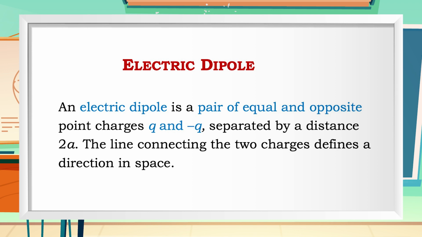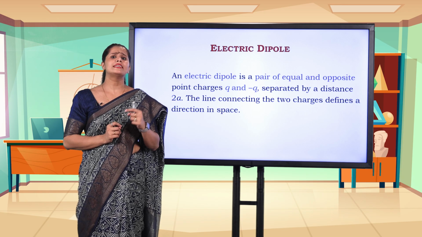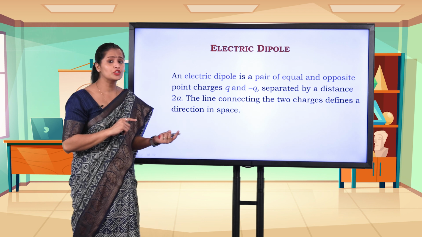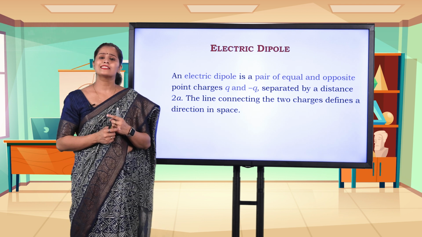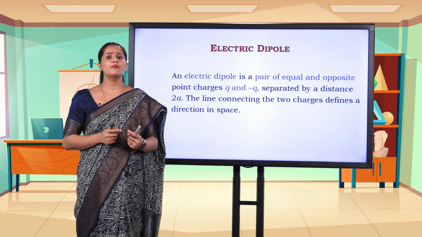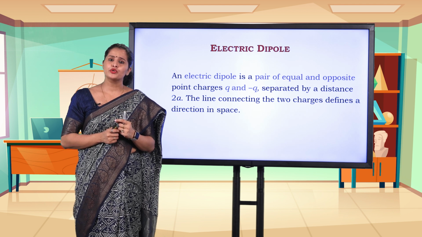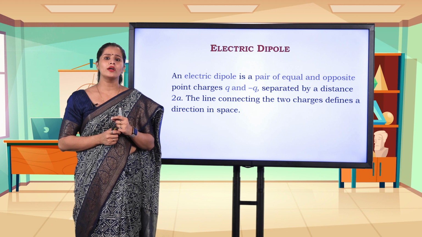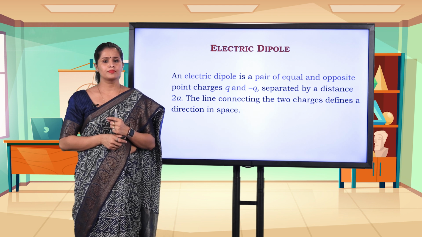The line connecting the two charges defines the direction in space, and by convention, the direction from minus q to plus q is said to be the direction of the dipole. The midpoint of the locations of minus q and plus q is called the center of the dipole.